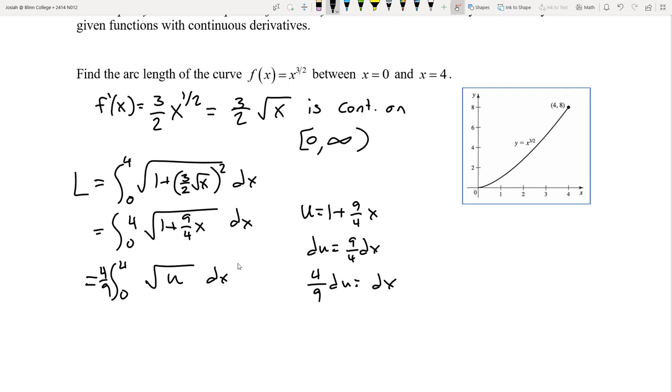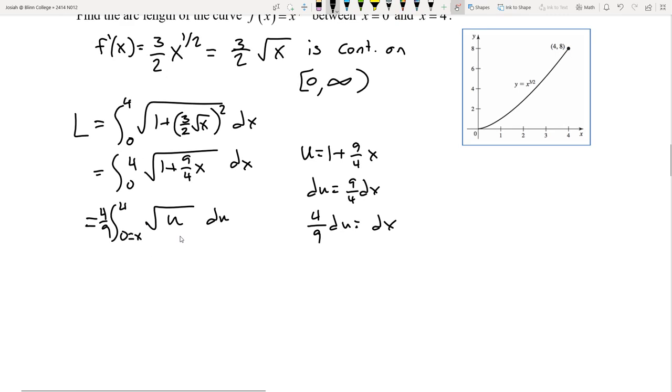Should be a du. And again, I'm going to leave those limits of integration the way that they are. You can change them if you want. I'm not going to hold that against you, but this is the way that I prefer to do it myself. So we'll integrate this guy.